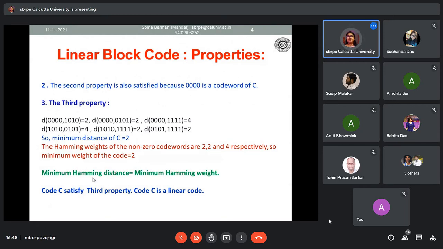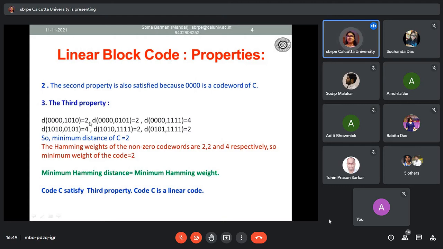If I calculate the distance between the first code word, 0000, and the second, 1010, the distance is 2 because they differ in two positions. Now the distance between the first and the third differs in 1 and 2. Now the first and the fourth differ in 4. This way you check the distance, and the minimum distance is 2.